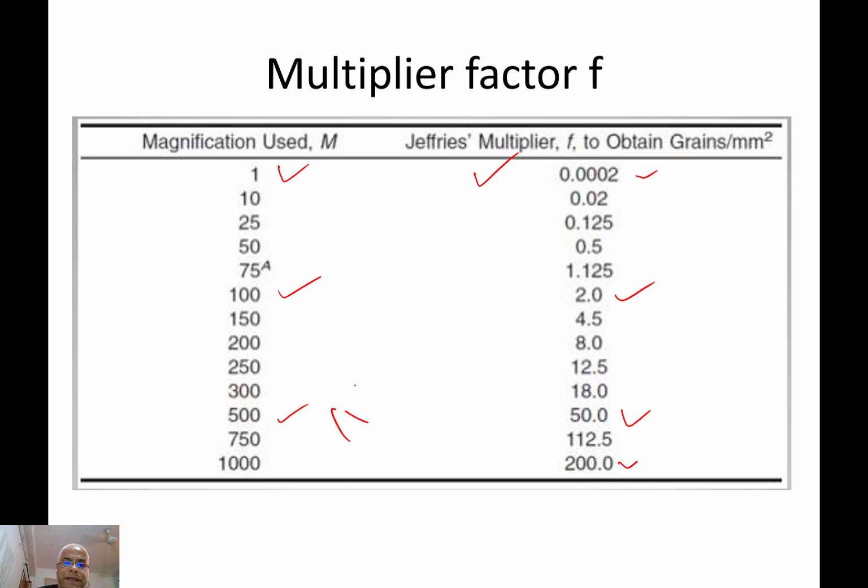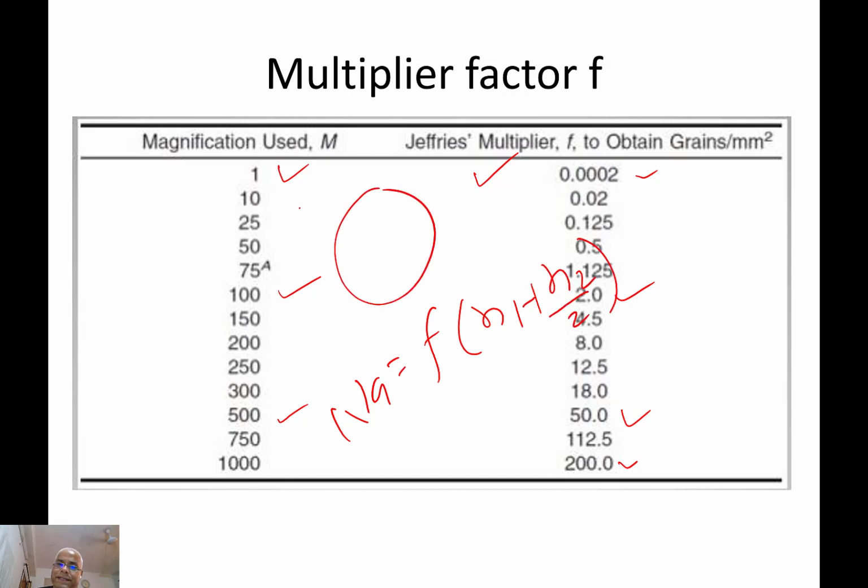So we have seen that Na is obtained through N1 plus N2 divided by 2. This is the case when the test area is circular. When the test area is rectangular, then it is N1 plus N2 divided by 2, plus 1.